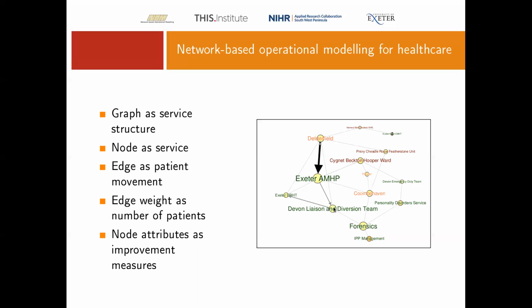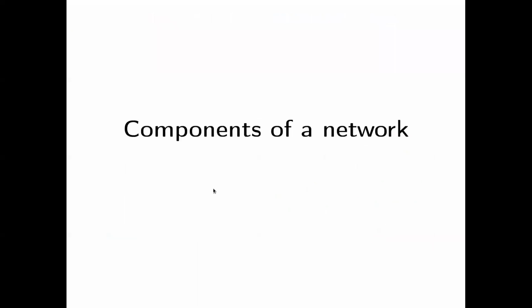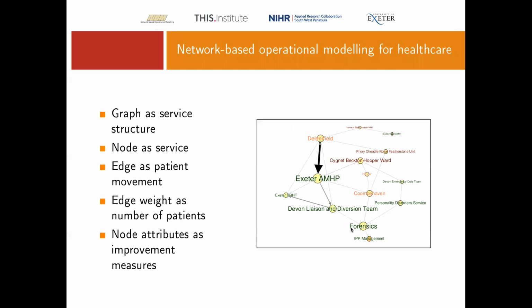A minority of people who are of a higher level of risk go on to the forensics team, and those of a lower level of risk might be referred on to the crisis resolution home treatment team. So we can start to see the logic and movement between services for patients and the different requirements they might have.